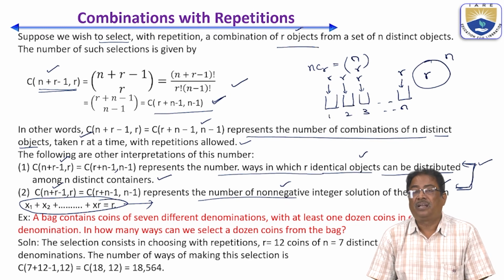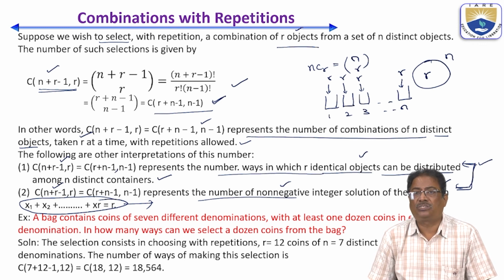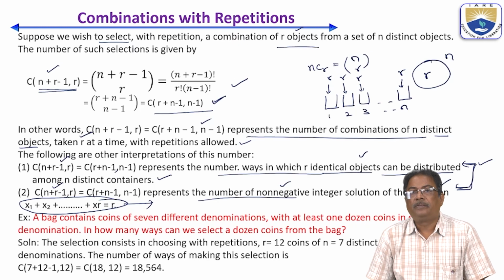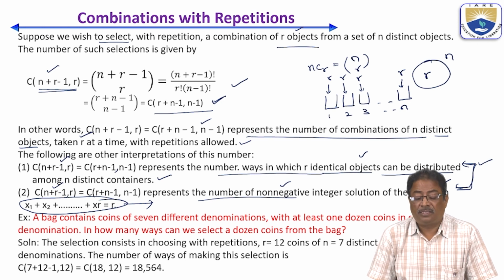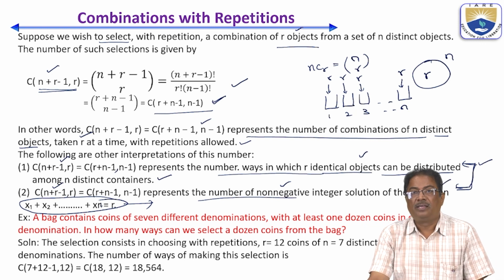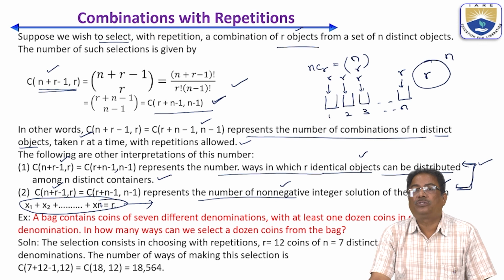We have to consider how many solutions we get for the equation x1 plus x2 plus and so on plus xn is equal to r.